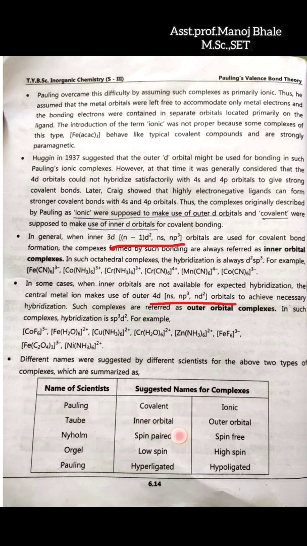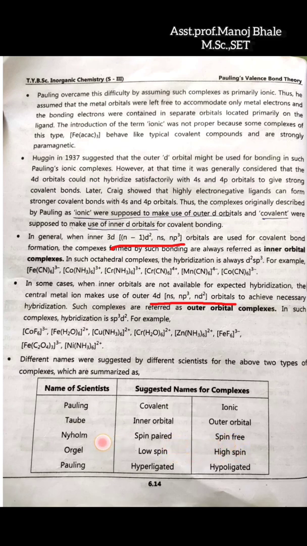Pauling, who gives covalent bonds, and also ionic bonding. Taube, who explains the inner orbital complex and outer orbital complex, how their formation is explained by using this theory. Nyholm, who explains spin pairing and free electrons.